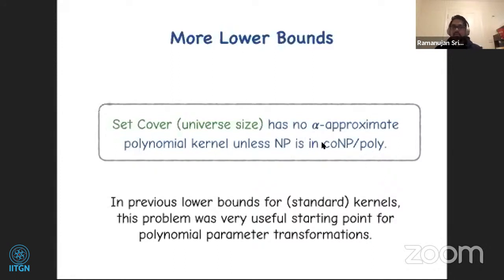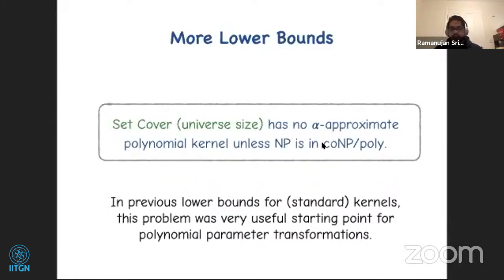So starting from the hardness for set cover parameterized by universe size, we could come up with kernelization hardness for many other problems using an appropriate notion of reductions, or polynomial parameter transformations.